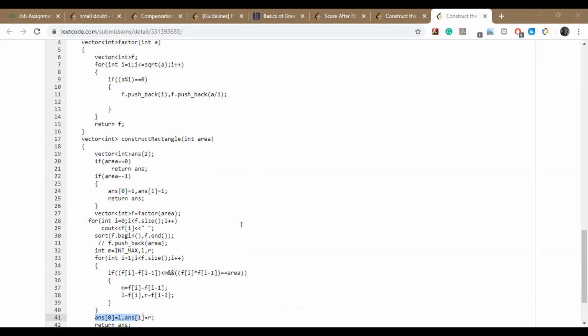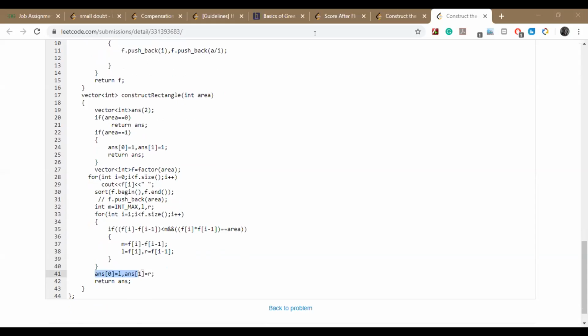Yeah, so you can do some maths and might not need to check all the factors. Okay, then what is the good approach? Yeah, I'm just thinking, but this will also work actually. The number is up to 10 to the power 7, so root of that should be fine. It is working. It will pass. It is fast.